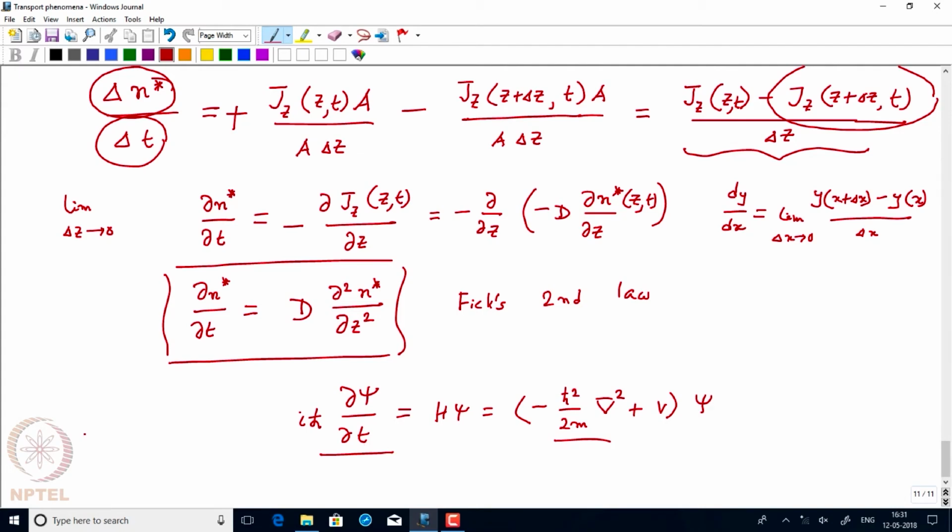In a wave equation, suppose you take a classical sinusoidal wave with amplitude psi, and do the space derivative and the time derivative and use the definition of the velocity of the wave, you will find that del 2 psi del t2 will be equal to del 2 psi del x2 with some proportionality constant. It will be 1 over v square in this case.